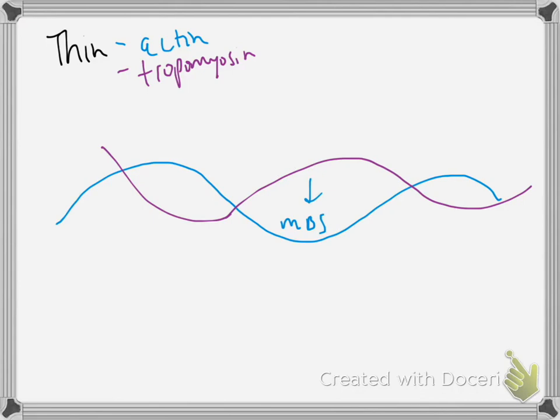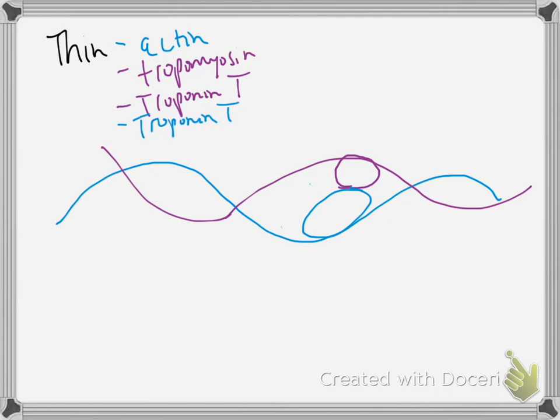So we have troponin, since we're purple, let's keep troponin T. So there's troponin T. Next we have troponin I. And then we also have troponin C.